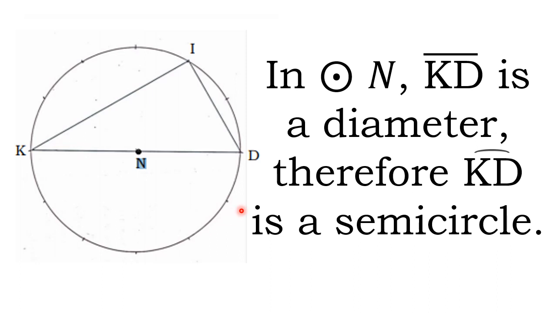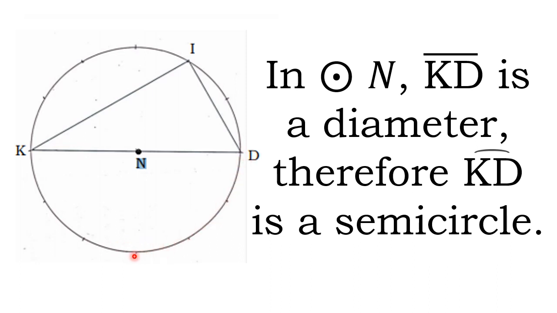Next, circle N. This is circle N, and line segment KD is a diameter. Since it's a diameter, we can conclude that RKD is a semicircle. This one, RKD, is a semicircle.